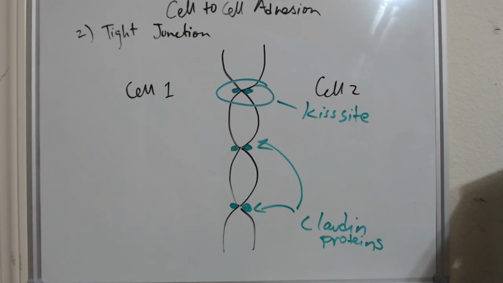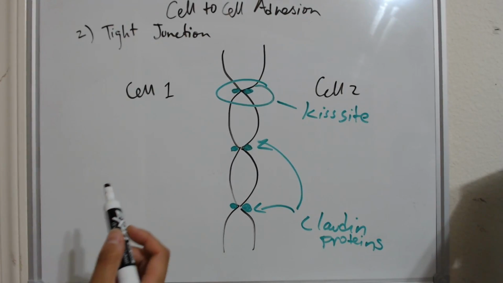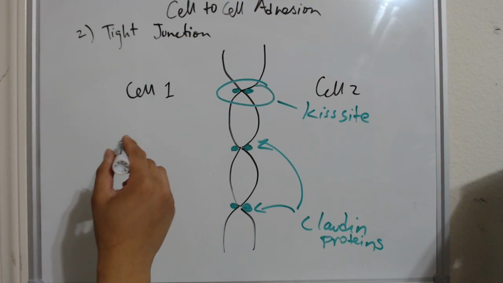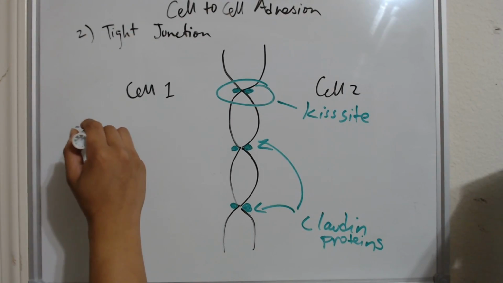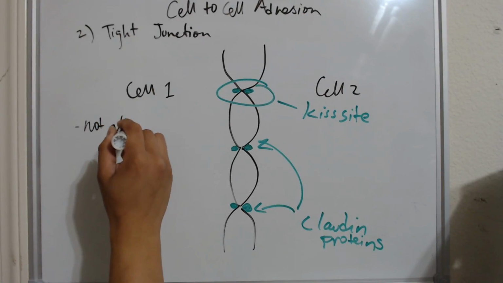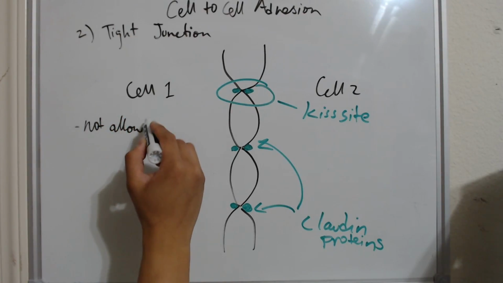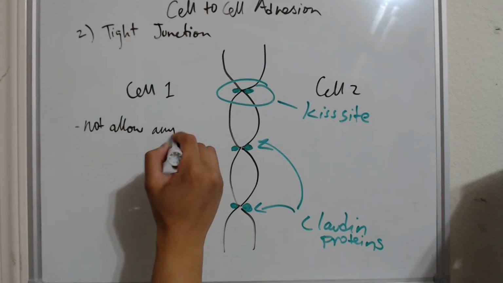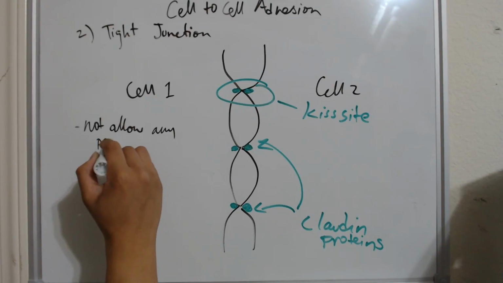and these tight junctions are at where cells need to not allow stuff to go through, so they're tight. Not allow any penetration.